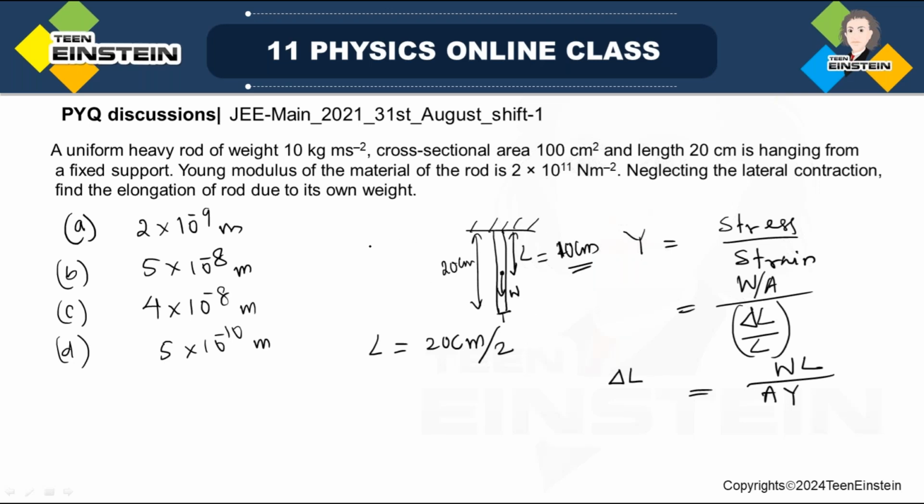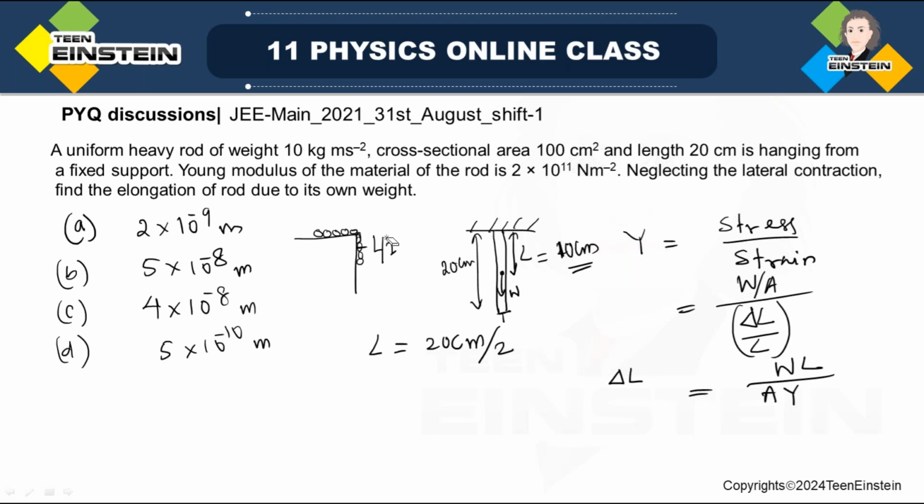I'll give you one more example. When there is a problem that a portion of chain is hanging from a table, in that case also, suppose the length L is hanging, the center of mass will be taken as L by 2, and in that way we have to consider the problem.